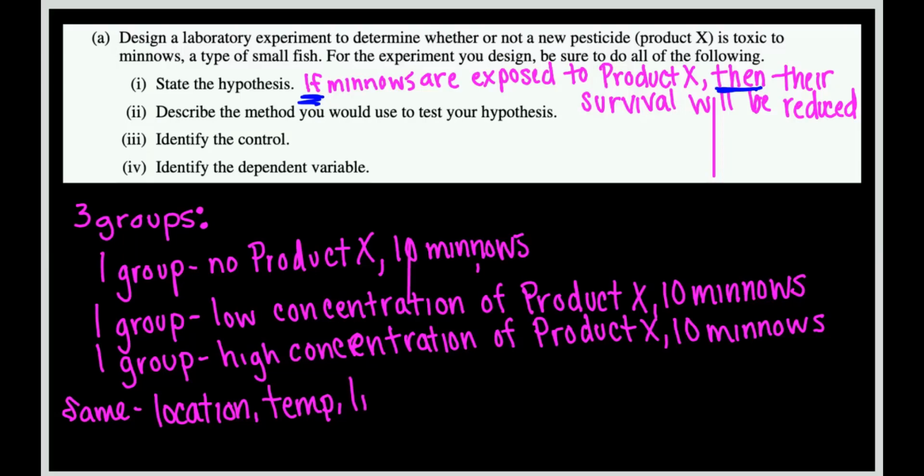The same amount of light, the same amount of water, and food, and then anything else we can think of. So I'm just going to write ETC, okay? Because you want to make them as close as possible to the same, except for that one thing that you changed, okay? And then we say we're going to monitor it for a suitable amount of time.